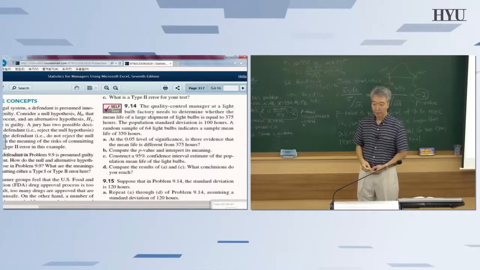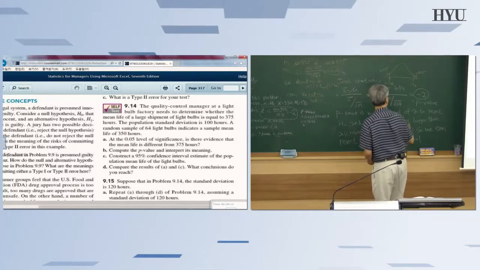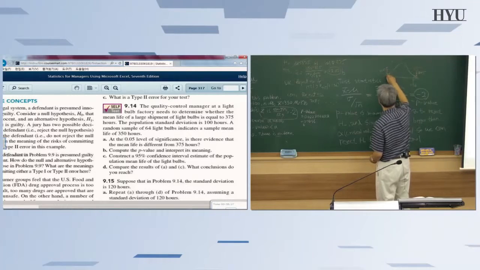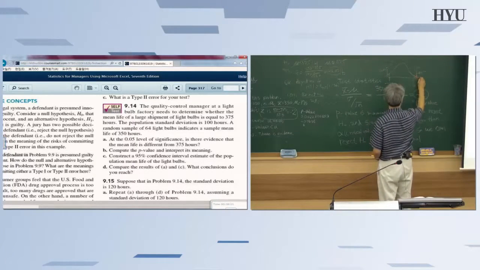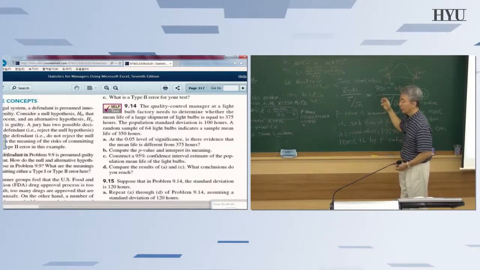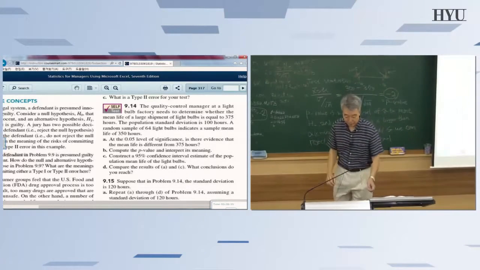We're running the two-tail test here, so if this is 2.00, here's negative 2.00, and we have to calculate this area plus this area. Since the distribution is symmetric, all you need to do is find one side and multiply by 2.